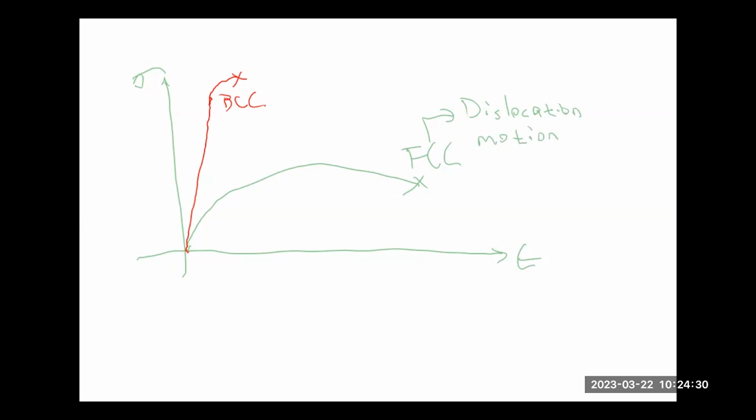So FCC, let's remember again. So each unit cell consists of how many planes in the crystal structure? 6.